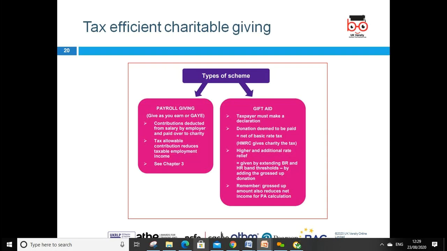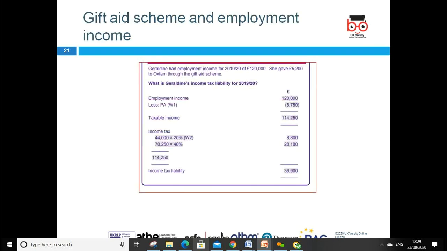And if you give a gift to the charity, there must be a declaration, the donation is made net of basic rate tax, and HMRC gives the charity the tax. However, additional rate relief is given by extending the basic rate band and various other rules, so we need to follow these rules. Okay, we'll go through the example.